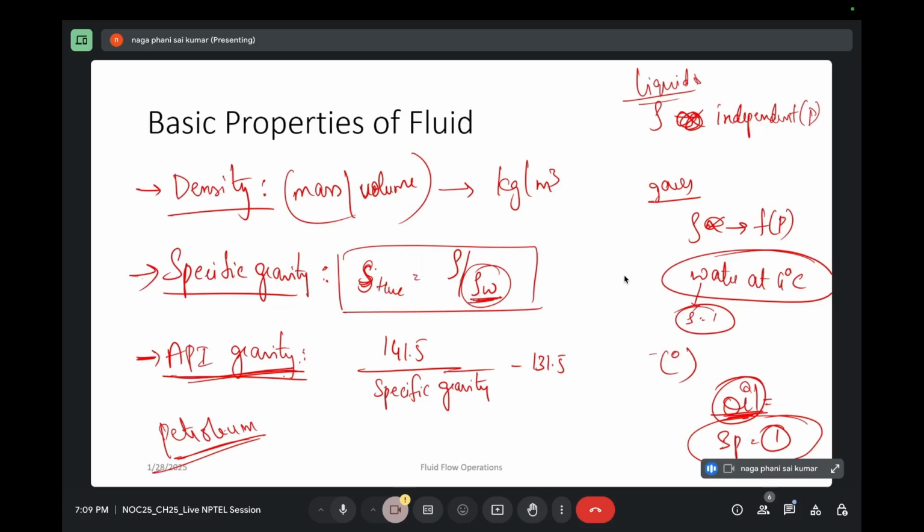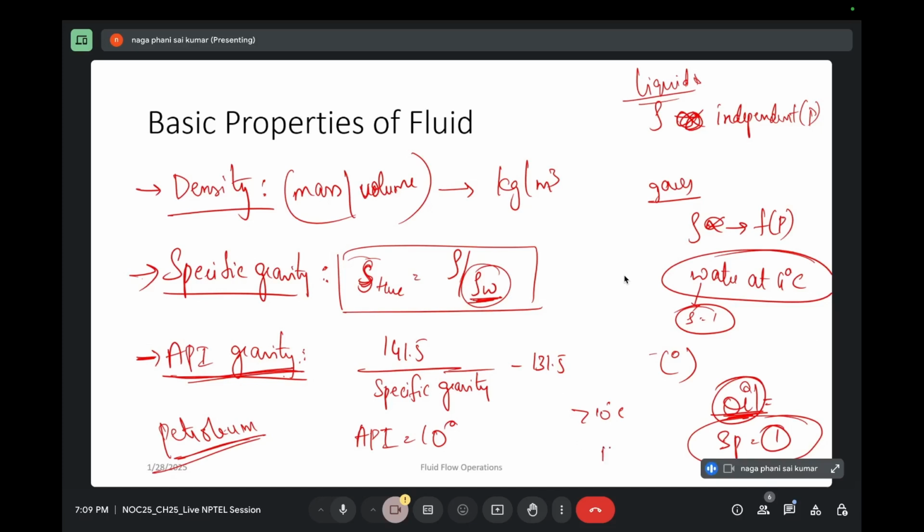So in that case, API gravity will be equal to 10 degrees for that particular liquid. If the API gravity of a liquid is greater than 10, then it is considered lighter and will be floating on water.